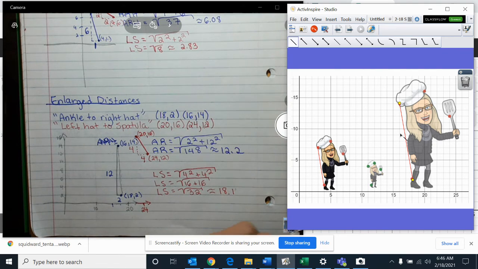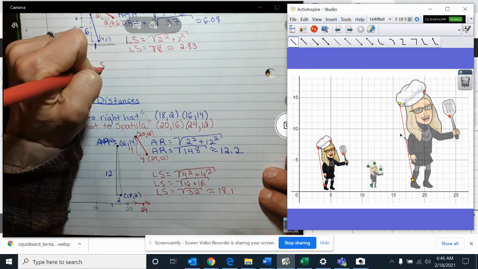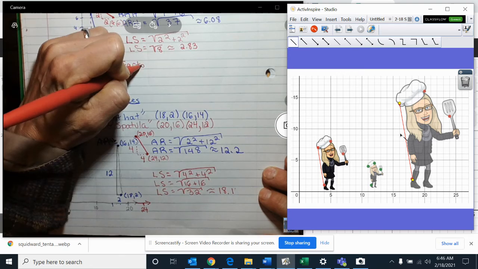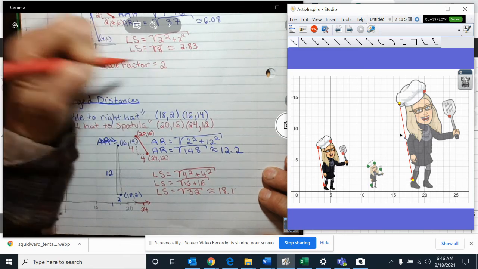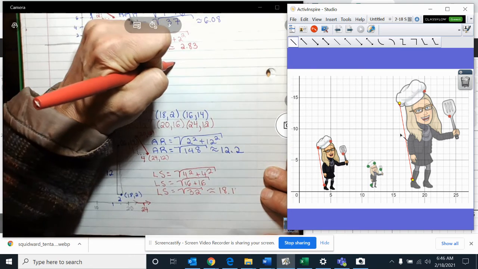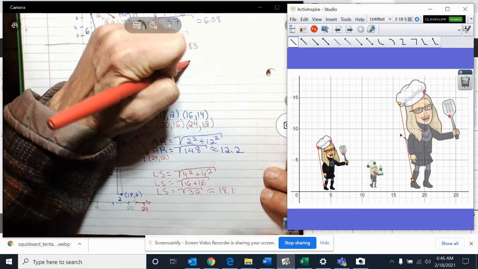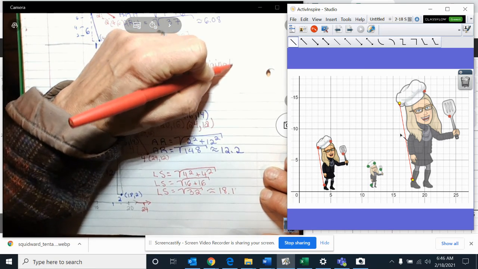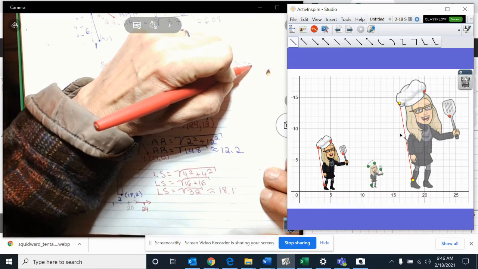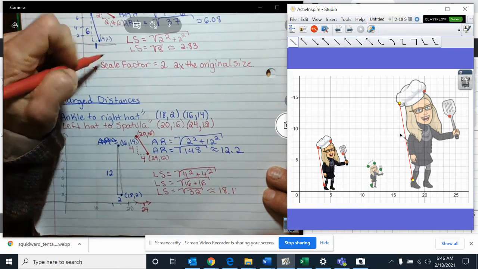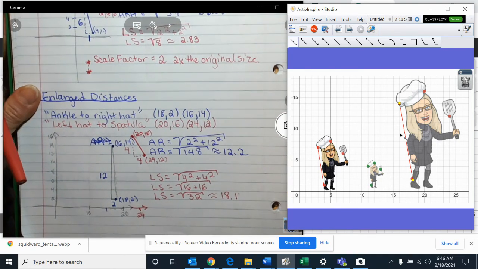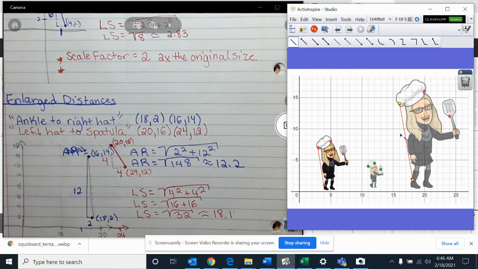And I had claimed that our scale factor was 2, as in 2 times the original size. And so that should mean that all corresponding sides are twice as big.